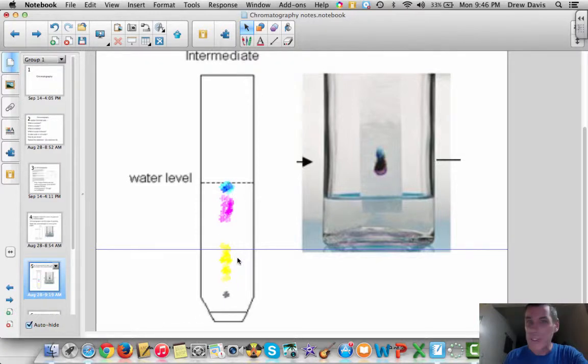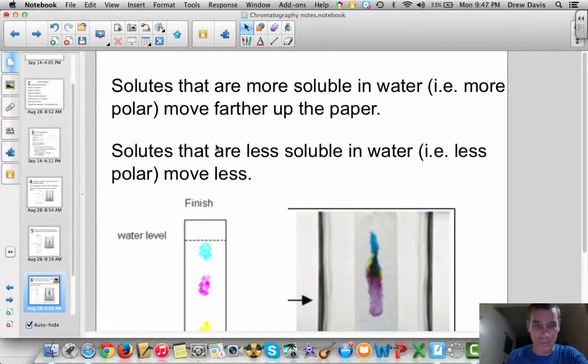The yellow doesn't dissolve as well in the water, and so as the water moves past, the yellow is not affected as much. It doesn't move as much. It has more of an attraction, I guess, to the stationary phase, and so it stays closer to the original sample.